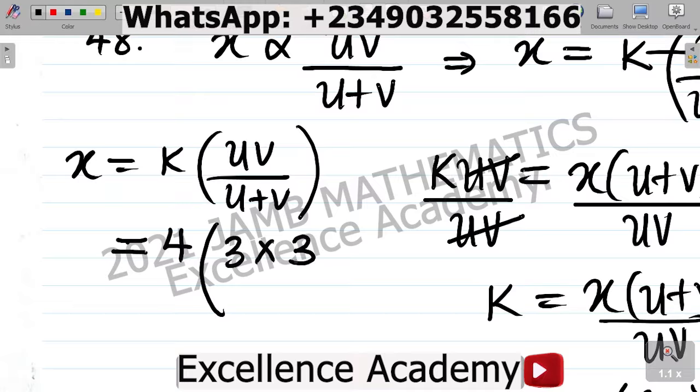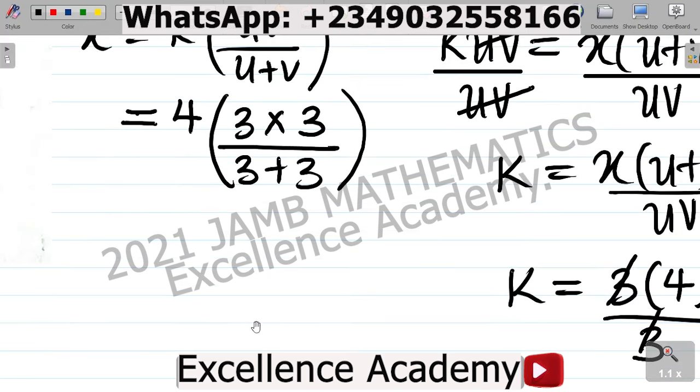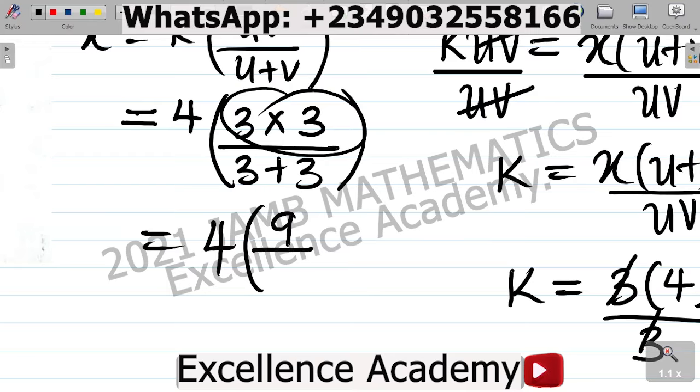They said when u is 3 and v is 3, so 3 times 3 is u times v. U plus v becomes 3 plus 3. If you work on that, this is equal to 4 into, multiplying the numerator, 3 times 3 is 9, all over 3 plus 3 is 6. So x is equal to, let's multiply this.